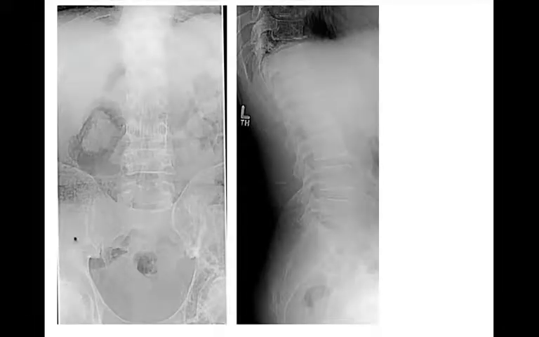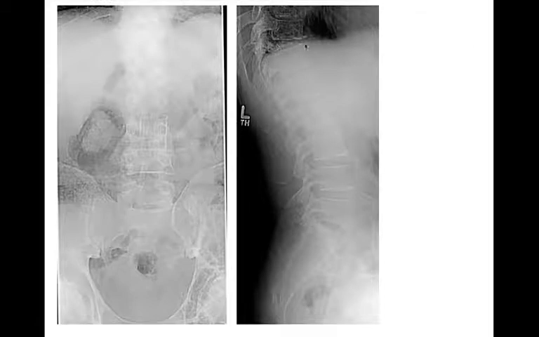Okay, so frontal and lateral view of the lumbar spine. I think on the frontal view, the findings are subtle, harder to see, but perhaps this catches your eye. There are these multiple lytic lesions throughout the left hemipelvis. And then if you look on the lateral, you can see that clearly there's a vertebra plana deformity to one of the thoracic vertebral bodies, which is hard to see on the frontal view.